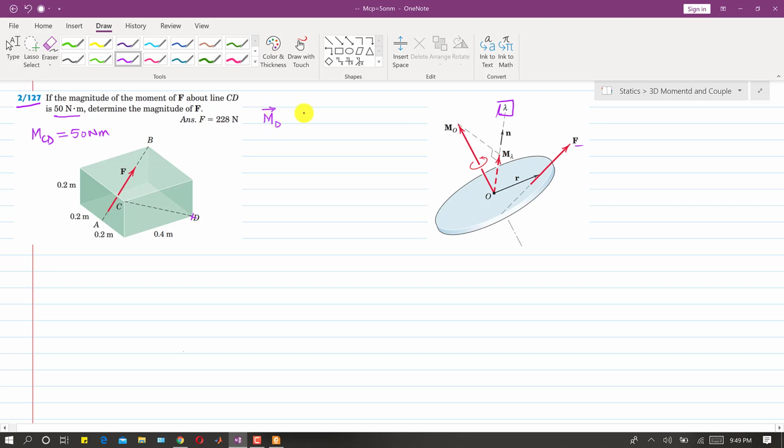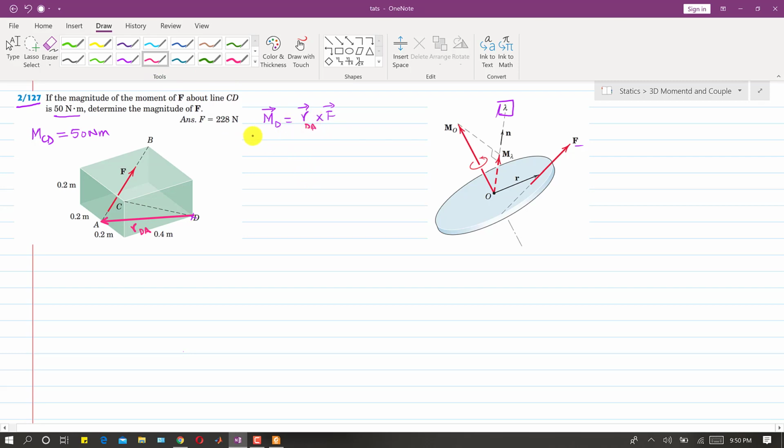Moment about D will be equal to R cross F, right? And let's suppose I draw the R vector from this D to this point A. So this will be our RDA vector.